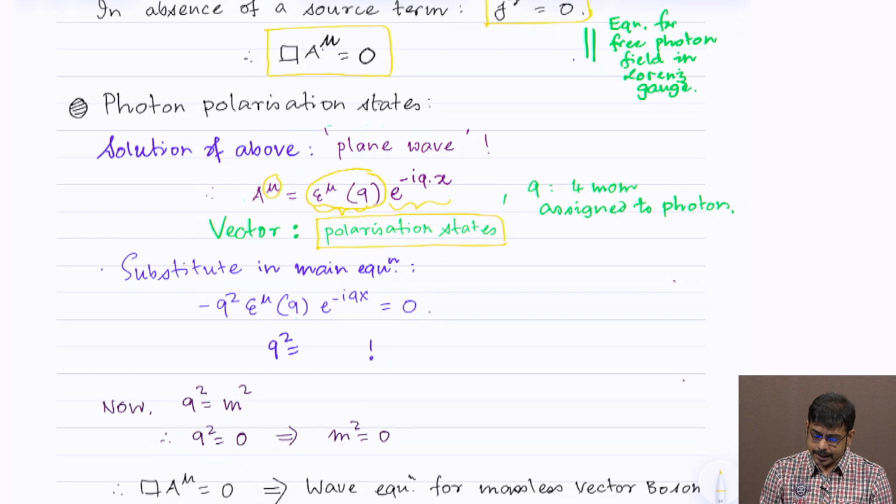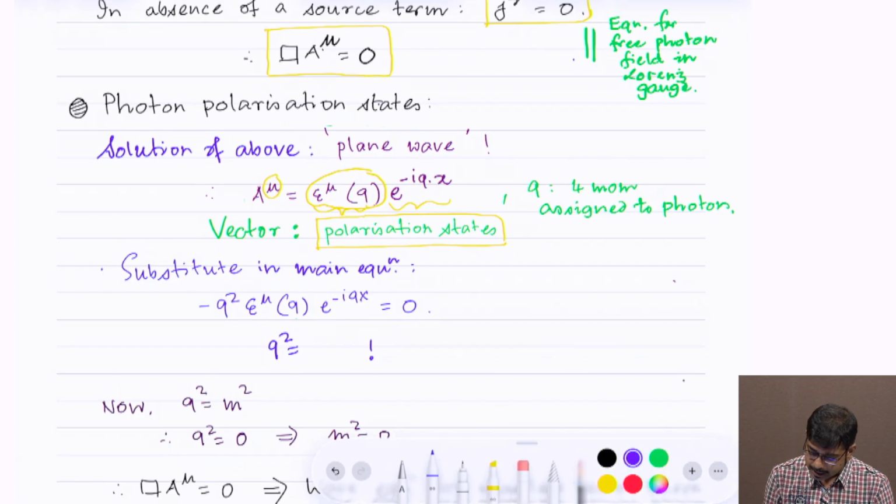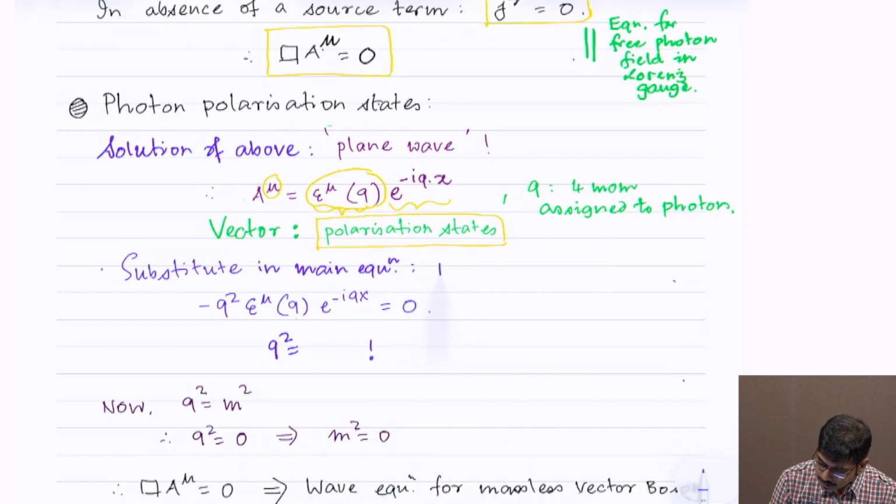Now, the point is that if I take this test solution and put it back into the main equation, which it satisfies having assumed that the source term is equal to 0, that is essentially box of A mu equal to 0. So you have to write it like box of epsilon mu q into e to the power minus i q x equal to 0.